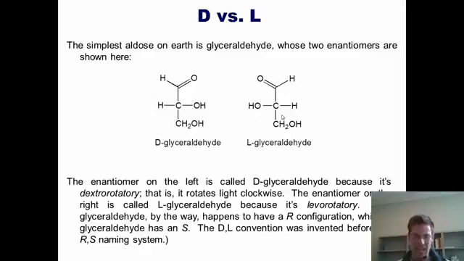The only thing that we can say for sure is that if one enantiomer of a compound is dextrorotatory, regardless of whether or not it's S or R, then the other enantiomer will be levorotatory, and vice versa. Now, just so you know, D-glyceraldehyde happens to have an R configuration, and L-glyceraldehyde happens to have an S configuration.